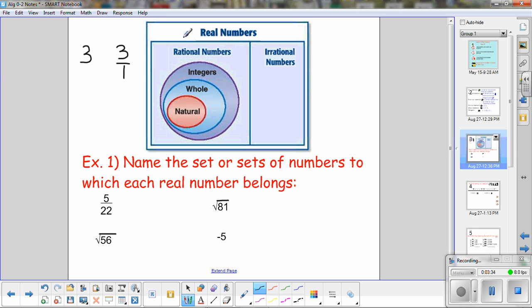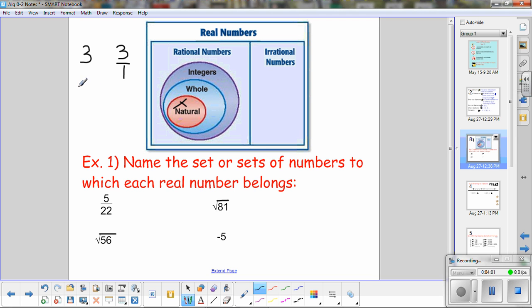So therefore, it's a rational number. Once I know it's a rational number, I start to think about if it fits any of these other categories. Does 3 fall into the natural numbers? Is it one of our counting numbers? It is one of our counting numbers from our previous page. So therefore, it's also going to be a whole number, an integer, a rational number, and a real number.